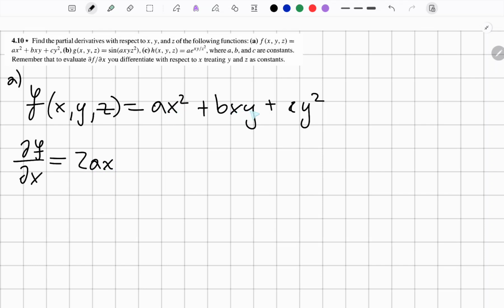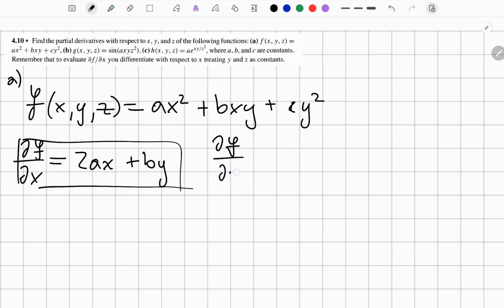Here with respect to x, we're just treating y as a constant, just like we're treating b, a, and c as constants. It's going to be plus by. With respect to x, x isn't even here, and these are just constants as we're treating them as such. So that's just going to be 0. So this is our partial derivative with respect to x.